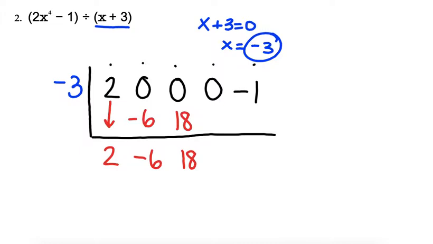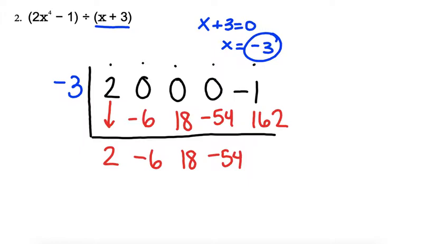Negative 3 times 18, 8 times 3 is 24, carry my 2, is negative 54. Add down, I get negative 54. 54 times 3, 4 times 3 is 12, carry my 1, so 162.